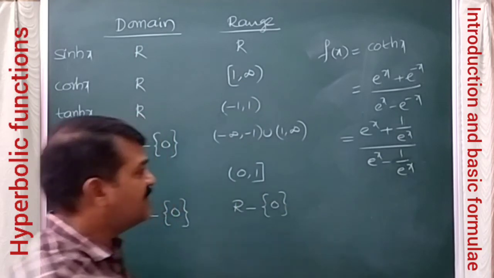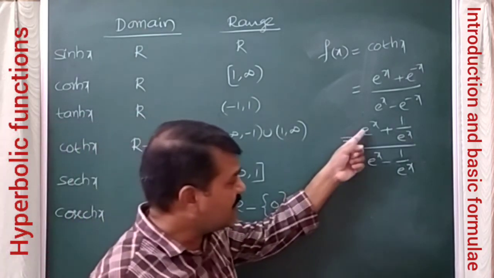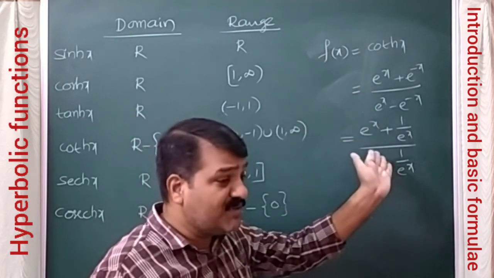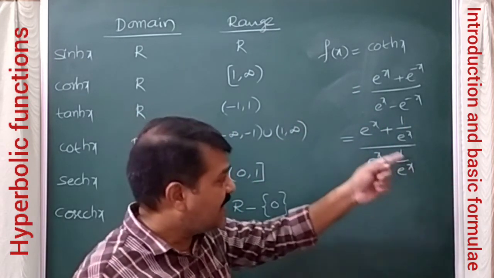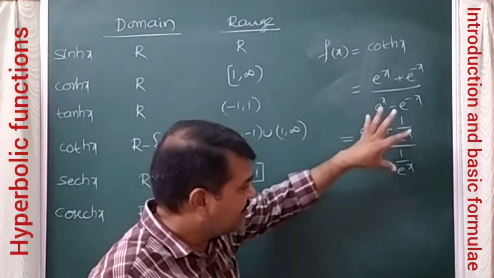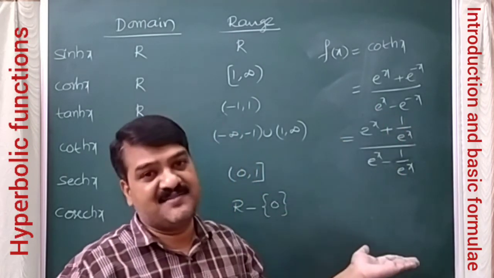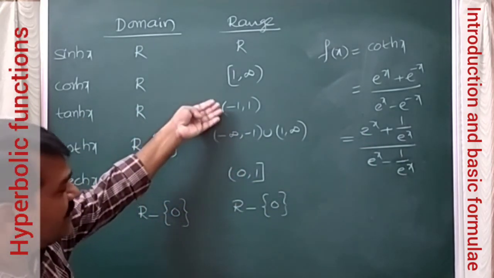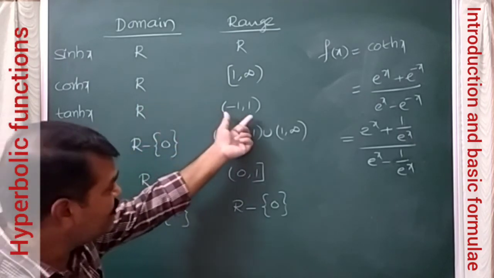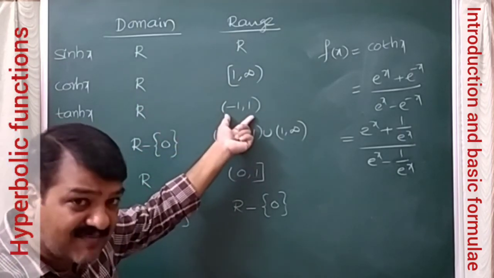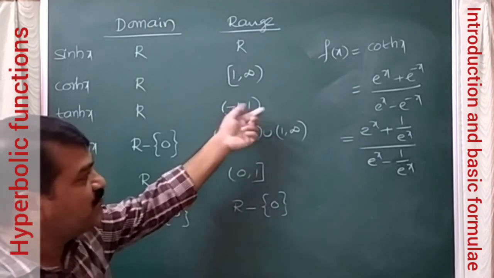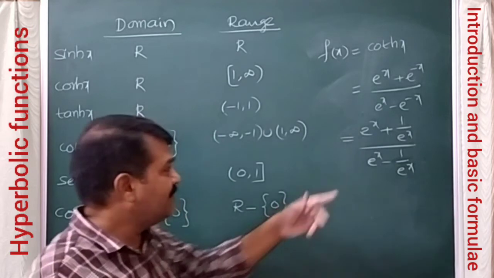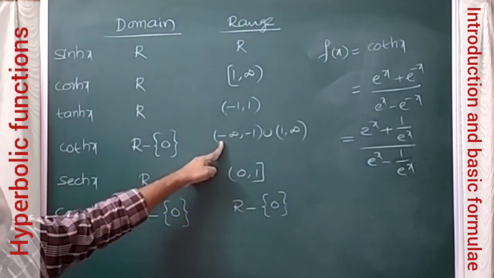So clearly you can observe that the numerator is always more than the denominator here. That means the function value will be more than 1. And if the denominator is negative, the function value is going to be less than minus 1. Reciprocal of tan hx means the values will not lie in this interval. Okay, that means cot hx will be either more than 1 or less than minus 1. That is what we have taken here.